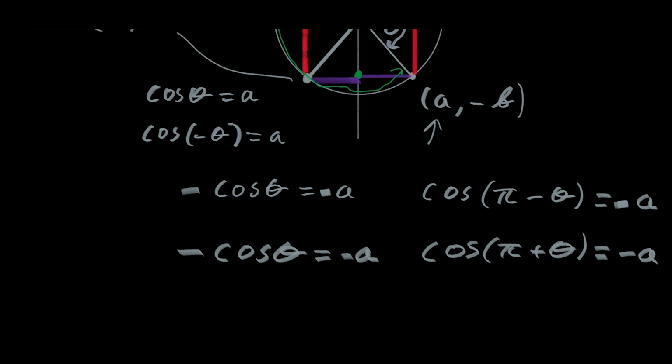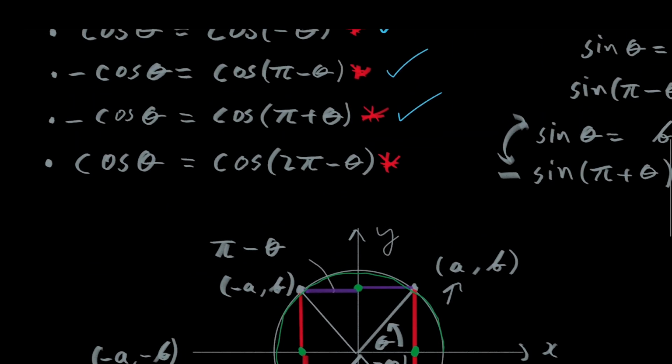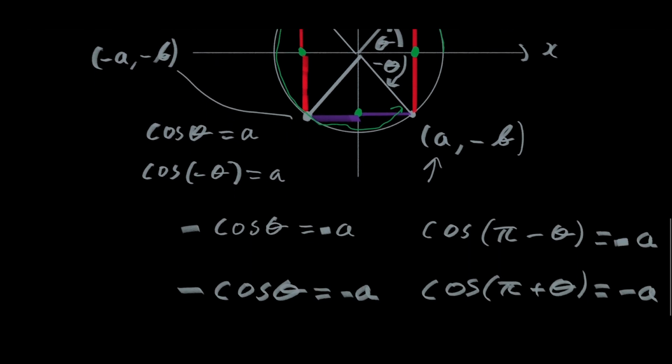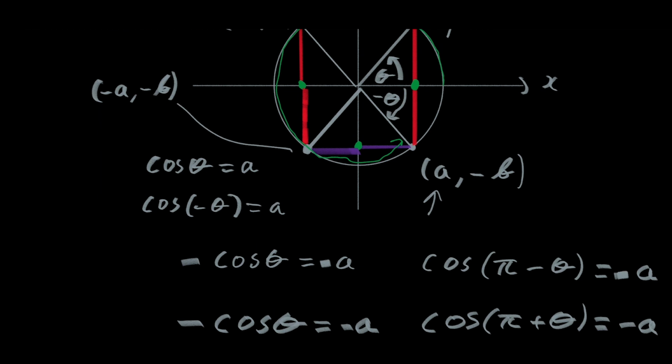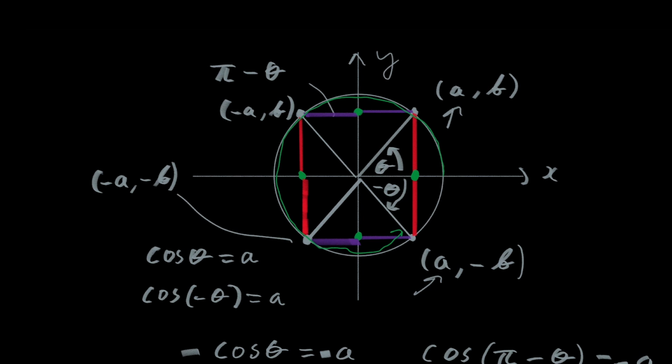Just double check the identity. Yep, cos of theta equal to cos of 2 pi minus theta. So that point, we already know its coordinates, and that it has the same x coordinate as that coordinate point. Okay, they're equal.